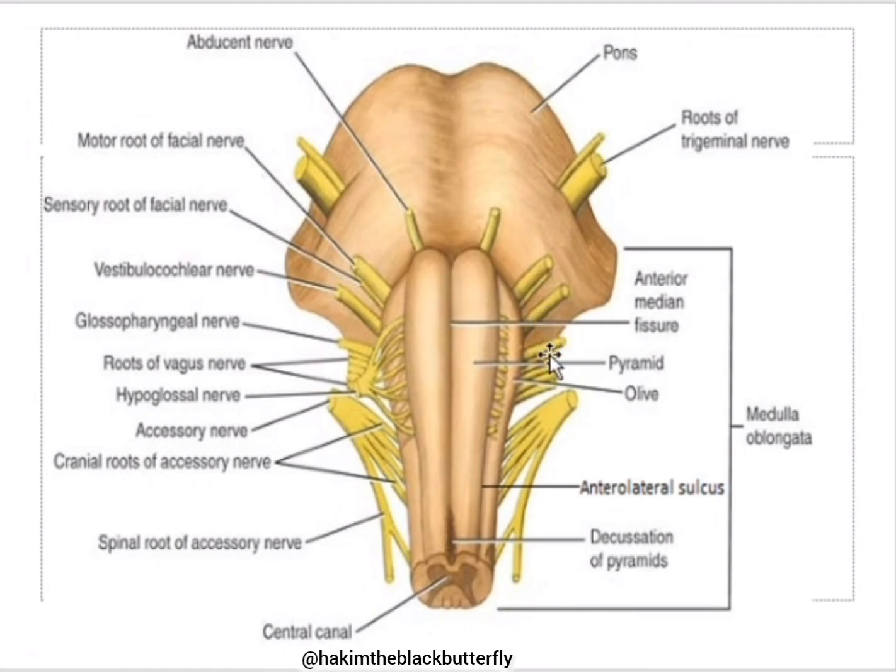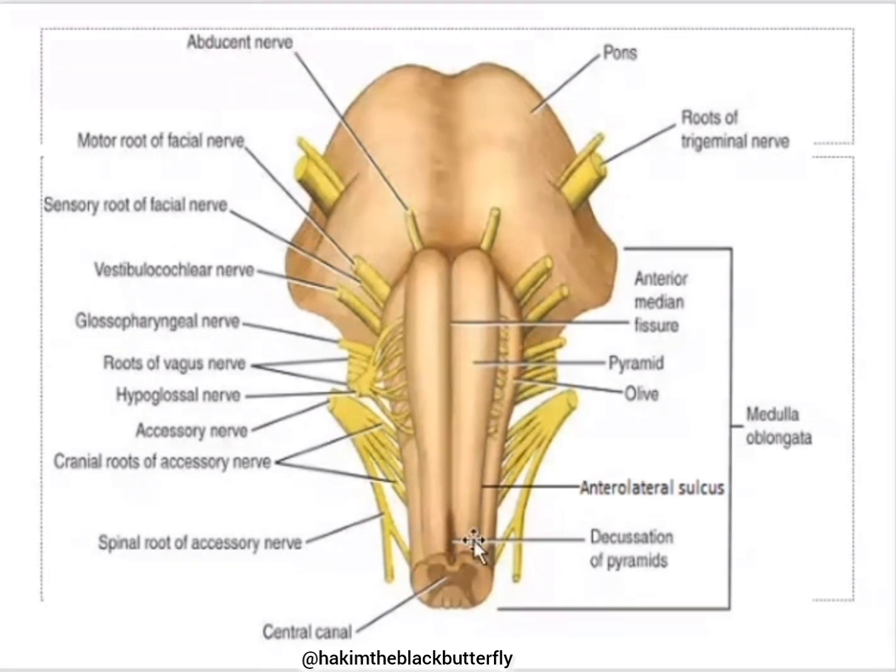Then we have the glossopharyngeal nerve. Then you have the roots of the vagus nerve. And then here you have the accessory nerve. These nerves protrude from the medulla oblongata posterior to the olive, and anterior to the olive in the anterolateral sulcus. That's where we see the roots of the hypoglossal nerve originating.